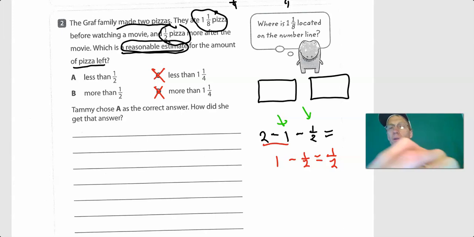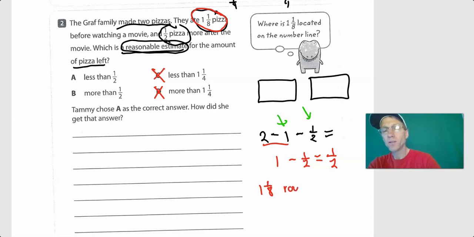Look at this part up here. We took 1 1/8 and we said that's about equal to 1. So we rounded down to 1, didn't we? It's close to 1, but remember, it is a little more than 1.